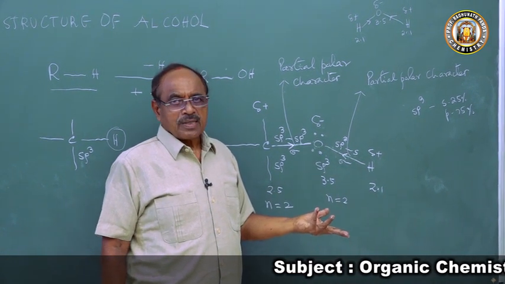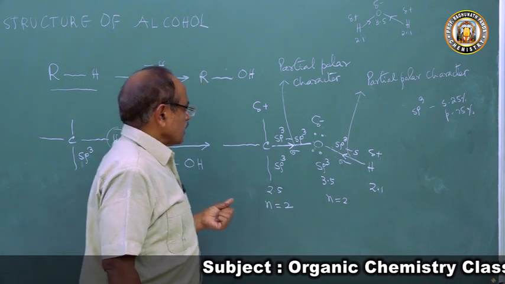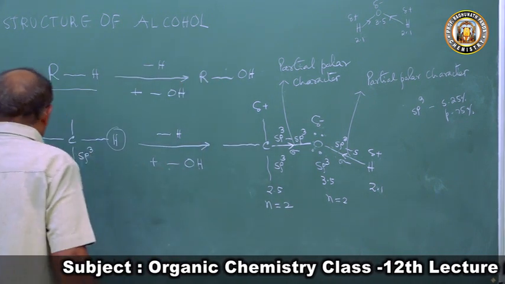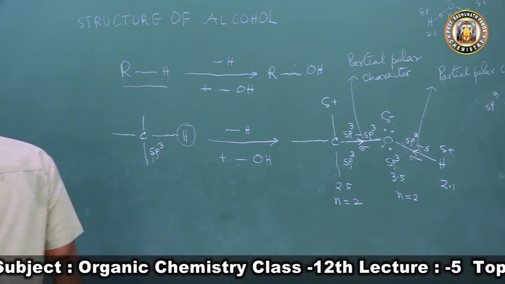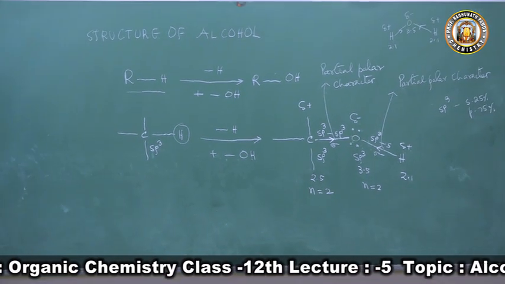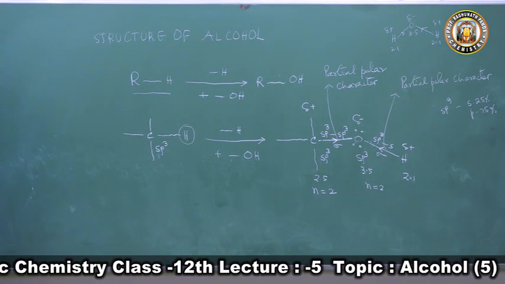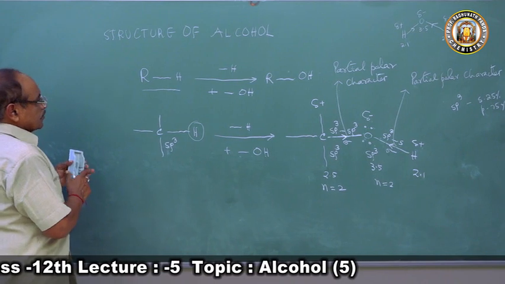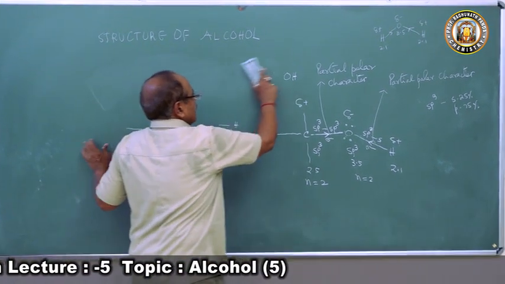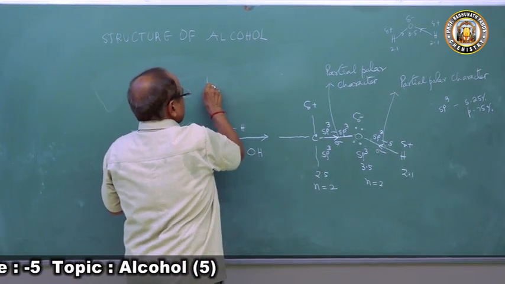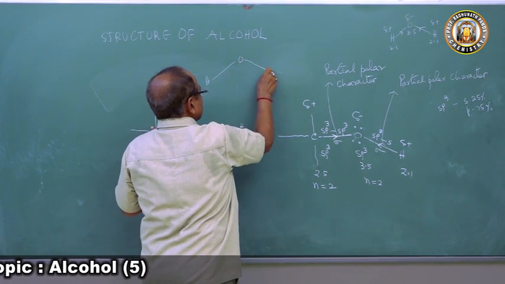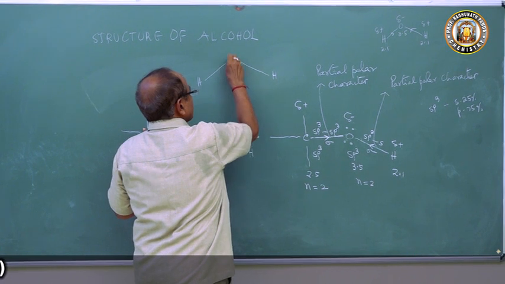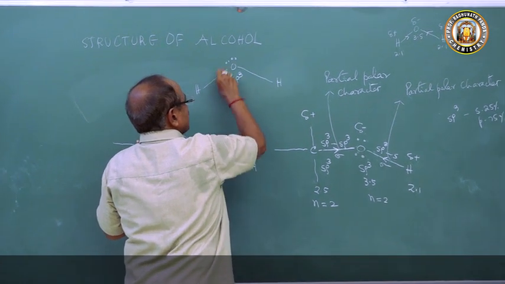So the next question comes: what will be the bond angle of alcohol? In water, we have read, this is the molecule of water. The oxygen atom is in an sp3 hybrid state. There are two lone pairs of electrons at the oxygen.